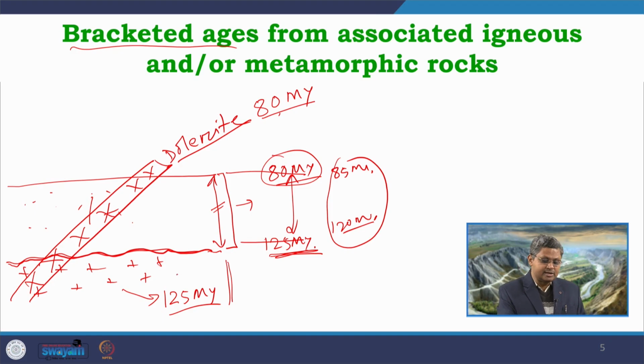So, using these igneous bodies, whether this is an unconformity related igneous body or a cross cutting intrusive igneous body, we can determine the bracketed age in terms of maximum and minimum age of a sedimentary package.